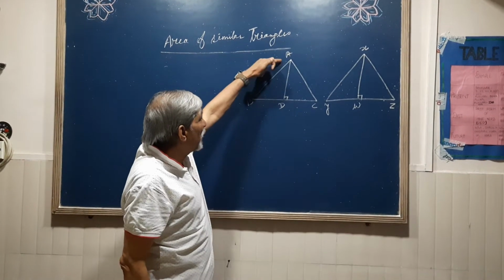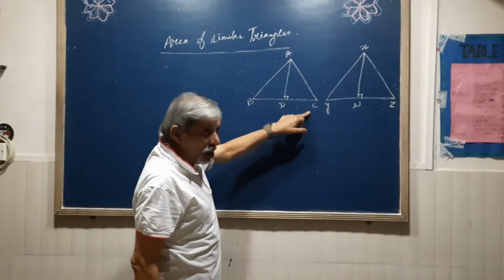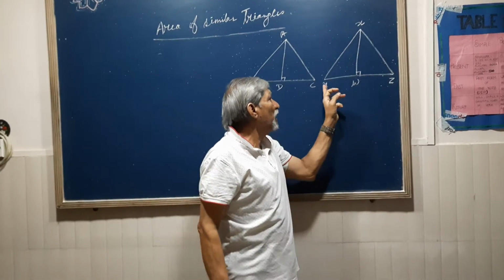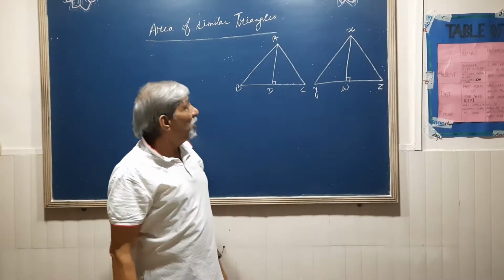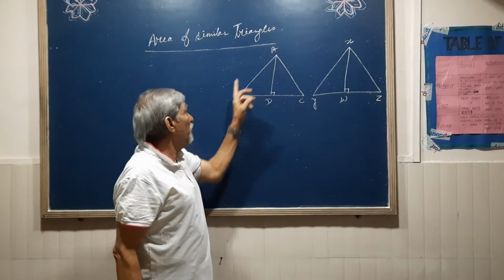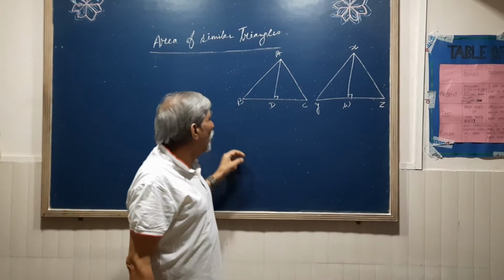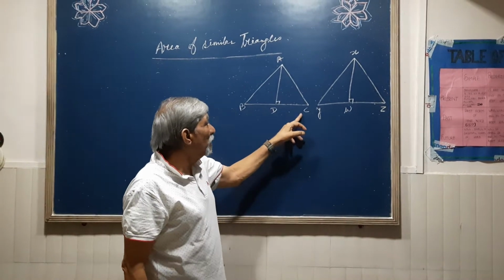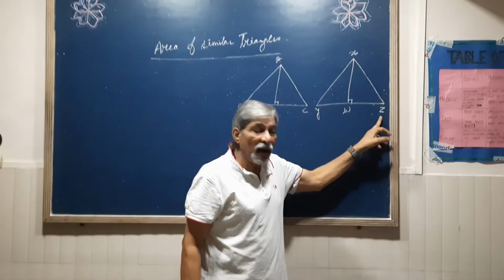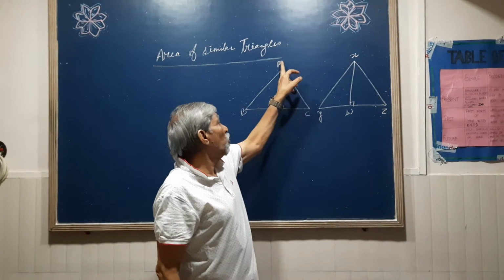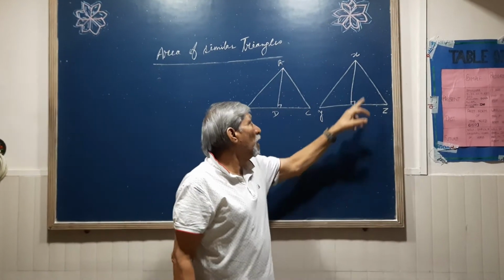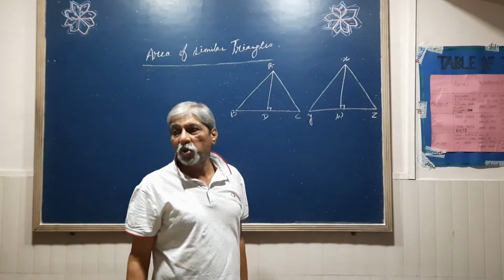So area of triangle ABC upon area of triangle XYZ is equal to AB square upon XY square equals BC square upon YZ square is equal to AC square upon XZ square.